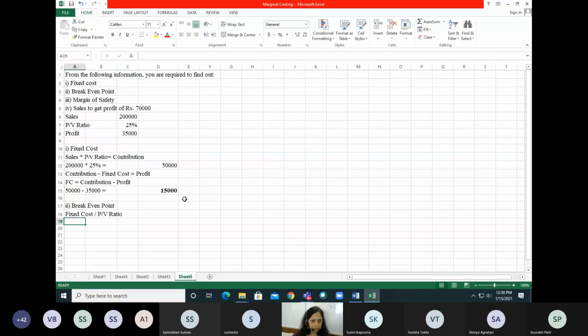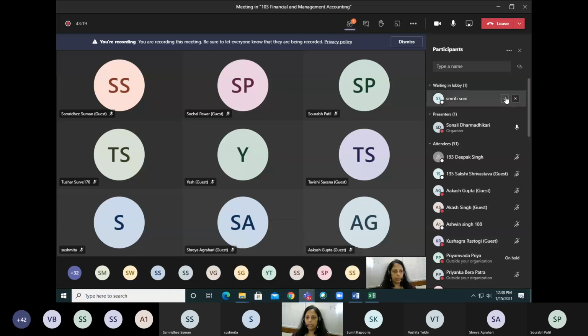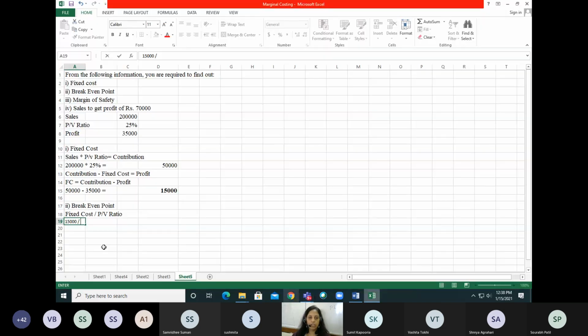Fixed cost we have calculated is 15,000 and PV ratio is given in the question. Always remember, don't take 25. Why? Because it is 25%. Percent means 25 divided by 100, so you can take it in points, 0.25.